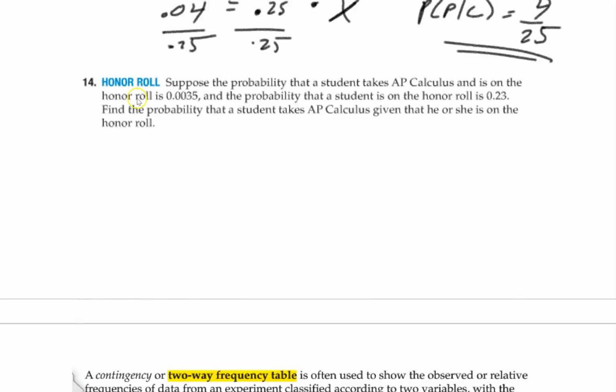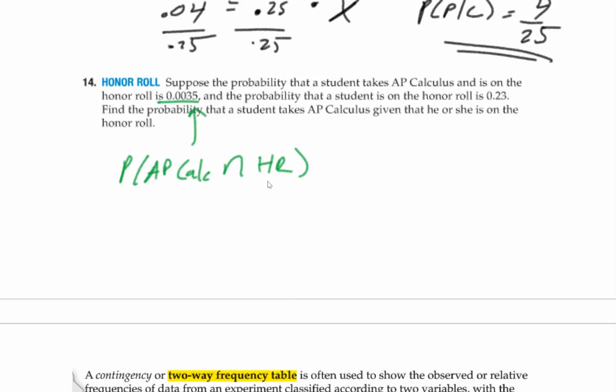This next one. Suppose the probability that a student takes AP calculus and is on the honor roll is this percent right there. So this is saying, hey, you take AP Calc, good class, and you're on the honor roll. That's going to be that right there. You're doing both. That's the odds you're in both AP Calc and honor roll. That seems really low.